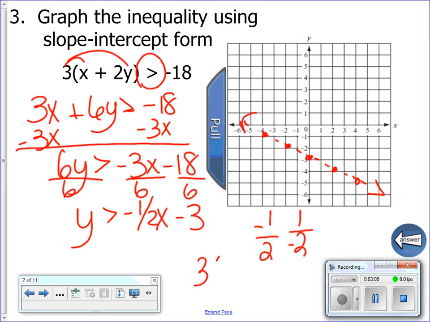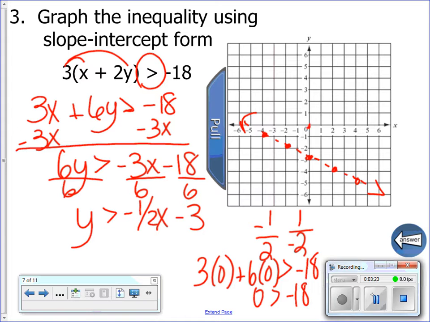So 3 times 0 plus 6 times 0 is greater than -18. So 0 is greater than -18. So that's yes. So I'll shade above.